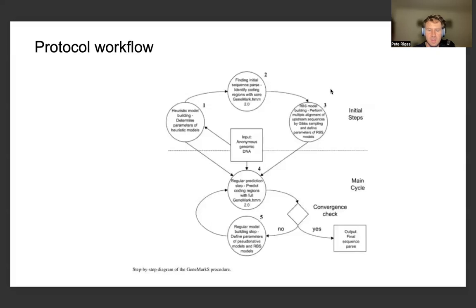And this algorithm for GeneMarkS-2 very much relies on the same type of workflow, in which there are three initial steps, as well as the main cycle, which is given by steps 4 and 5 in the bottom half of the protocol workflow. And all of the initial steps help us determine how the different parameters are set for the model from some input genomic DNA that I'll also describe we can pass to the algorithm with FASTA files.